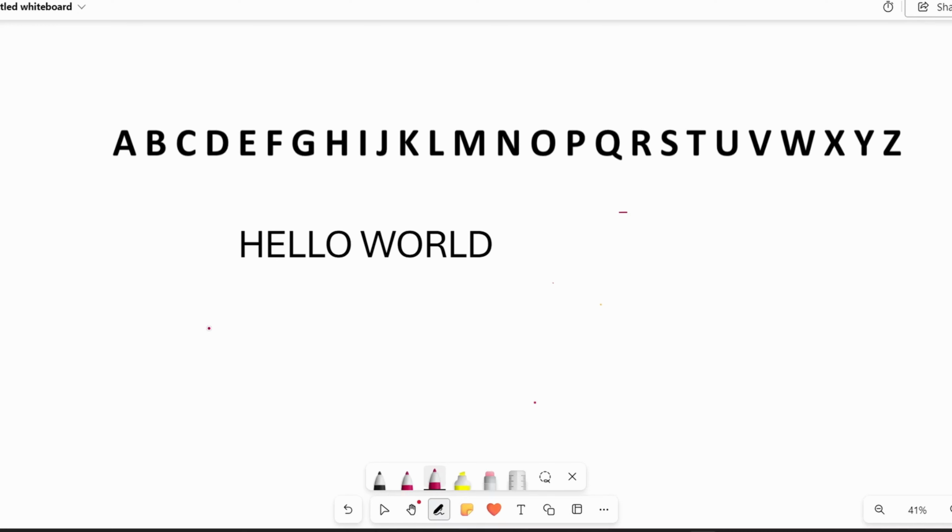Suppose we say that the encryption key is +3 to the right. In this way, we would be shifting each character by 3 to the right-hand side.